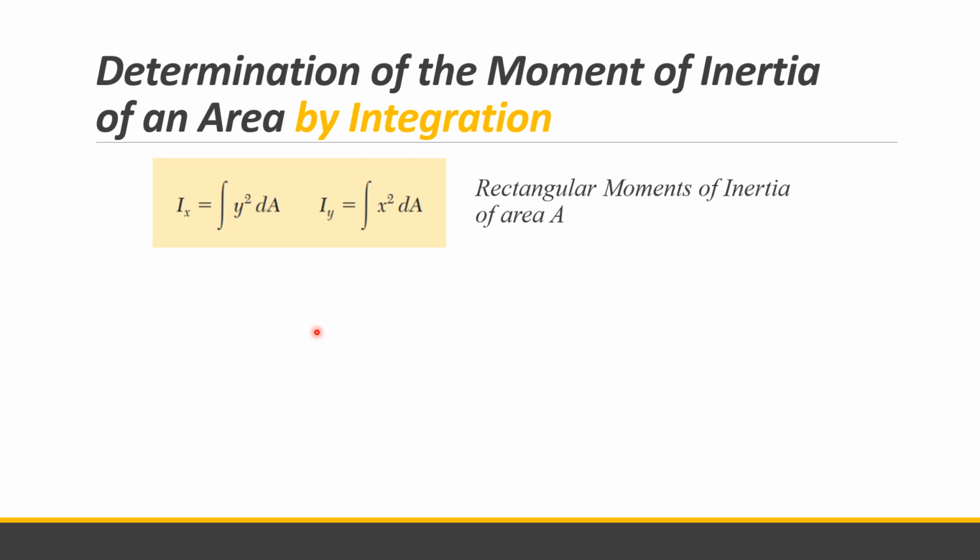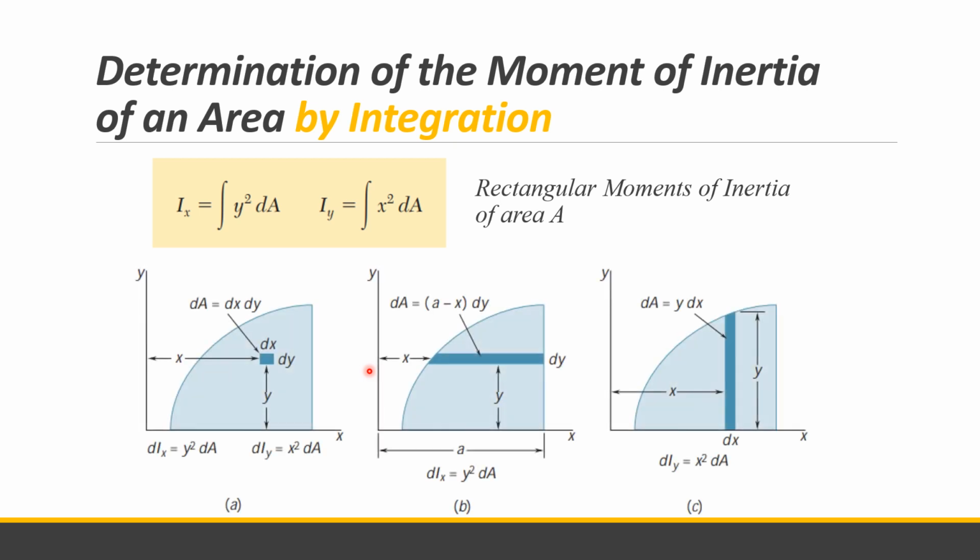So just like the previous example natin, you're evaluating an area by integral. So this can be easily done if we choose dA to be a thin strip parallel to one of the coordinate axes.